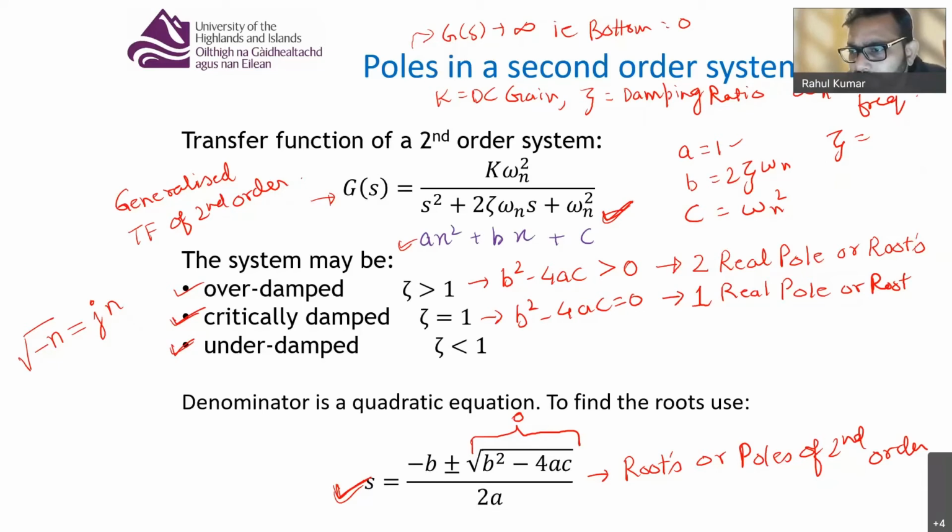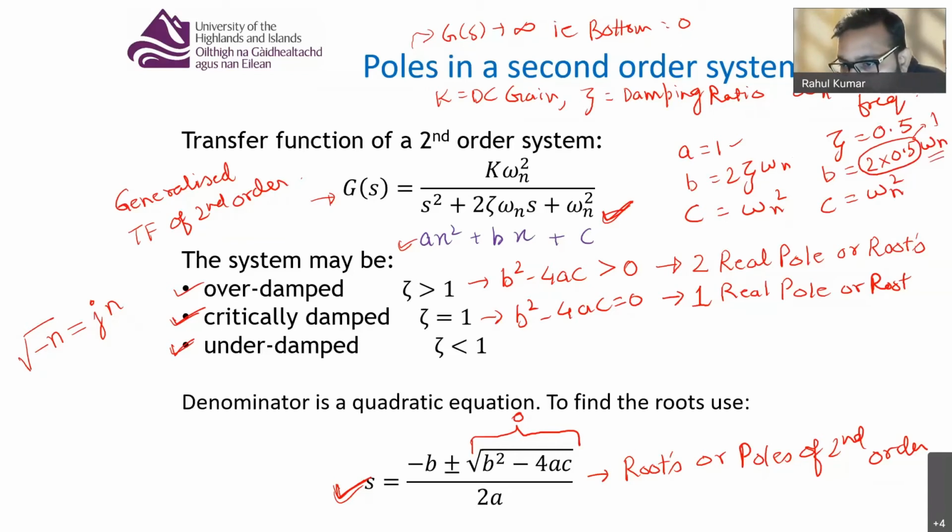Let's take zeta as 0.5, any small value. So B will become 2 multiplied by 0.5 omega n, and C will be omega n square. From this, 2 multiplied by 0.5 will become 1, so I'll be left with B equal to omega n.